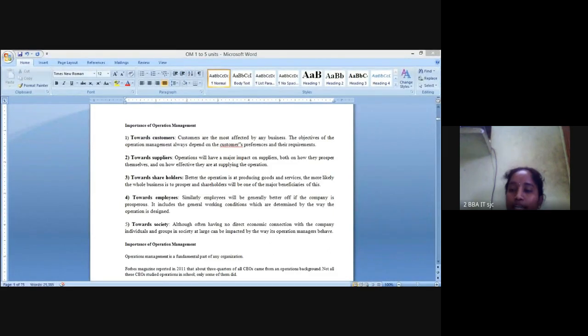That is why, whenever an organization provides any type of services to the customers, based on the need and want, the requirement of the customers, an organization operates its operations perfectly while manufacturing the product.